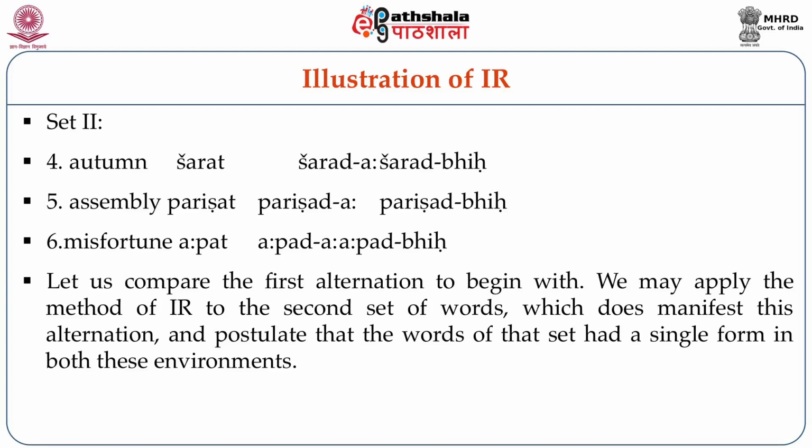We may apply the method of internal reconstruction to the second set of words, which does manifest this alternation, and postulate that the words of that set had a single form in both these environments.